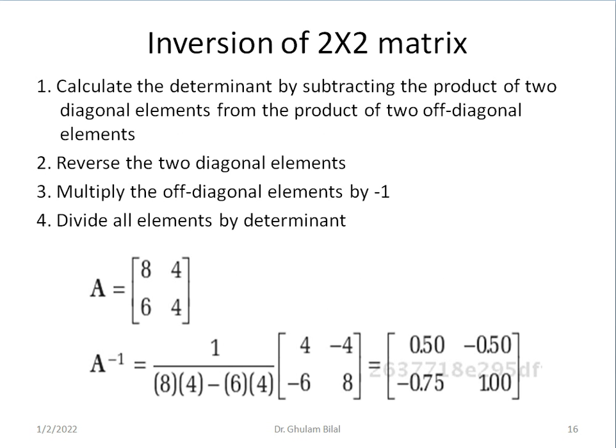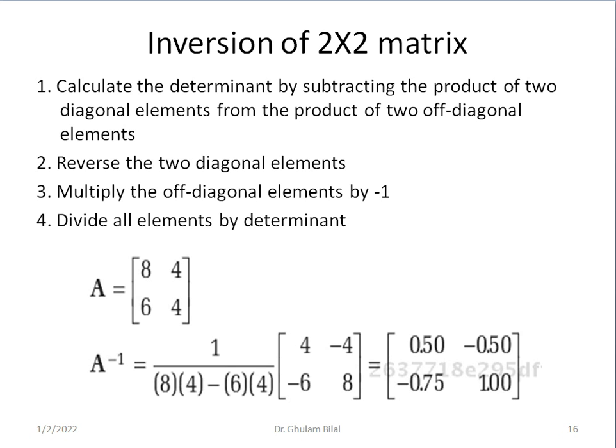Inversion of a 2 by 2 matrix needs a little bit more effort. We need to calculate the determinant by subtracting the product of the two off-diagonal elements from the product of the two diagonal elements. Then we reverse the two diagonal elements. We have placed 4 in place of 8 and 8 in place of 4.